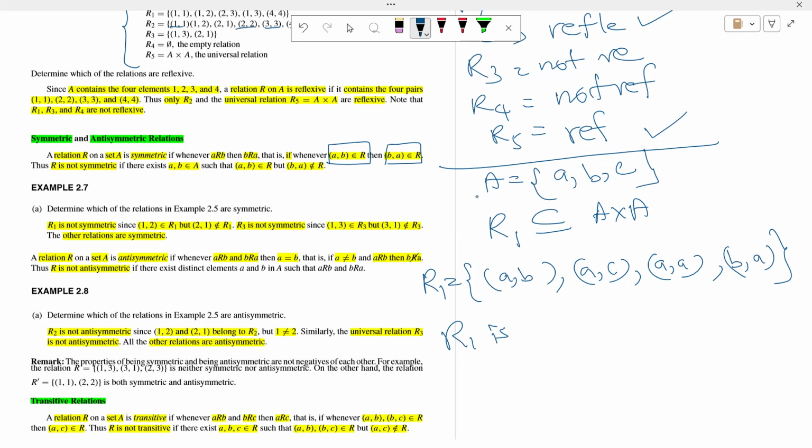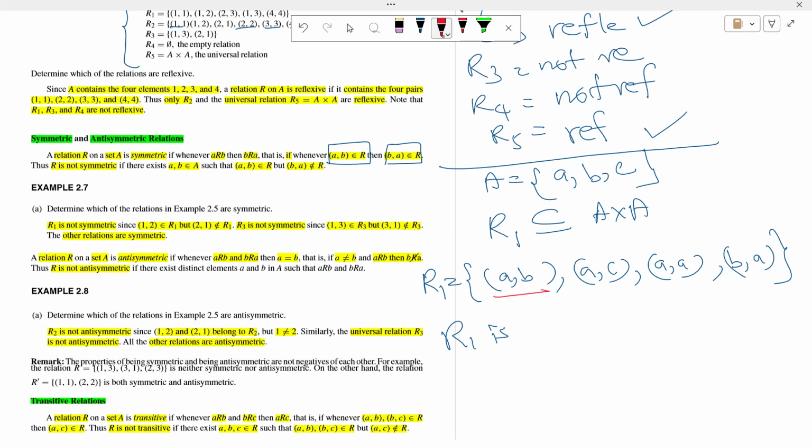How do you check whether it is symmetric or not? You check the first ordered pair, A comma B. If you have this ordered pair, you need B comma A in the relation. Here the first pair is A comma B, so check whether B comma A is also available.